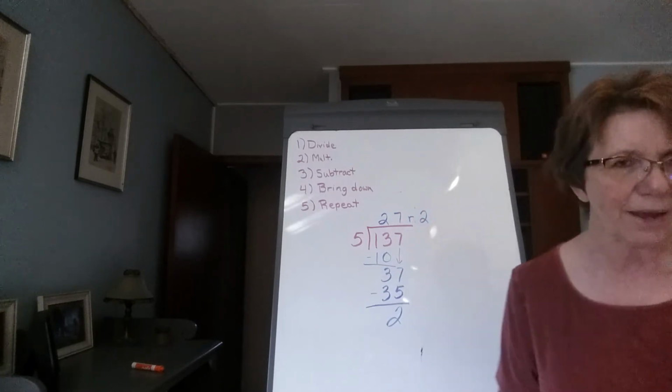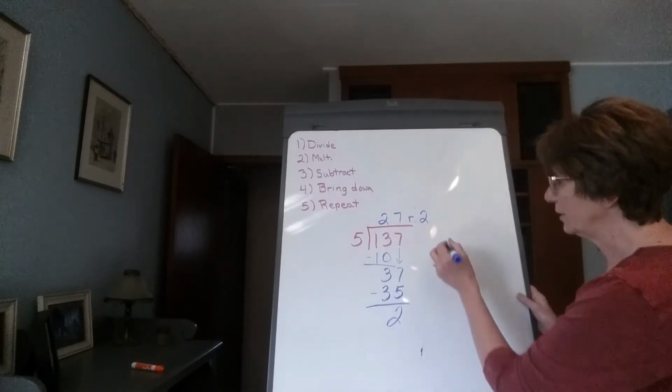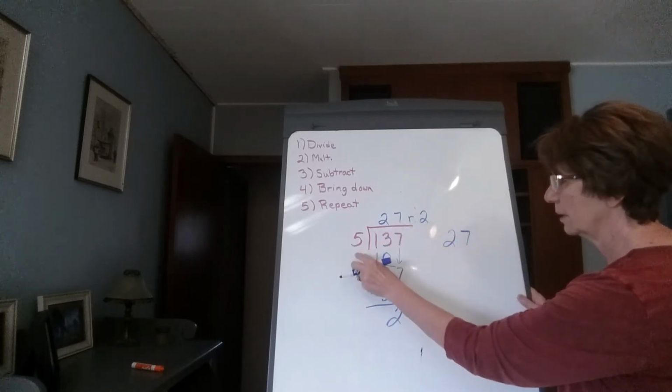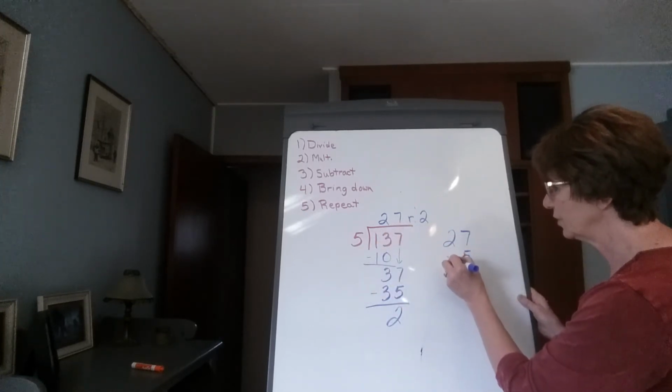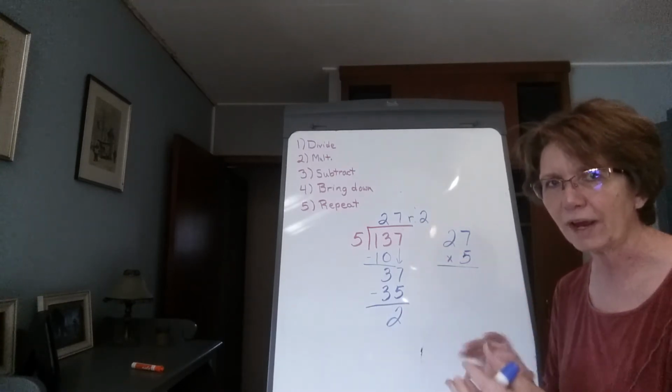Okay? Now, the cool thing about this is you can check yourself. All you need to do is take 27 times 5, because remember, multiplication and division are part of fact families. Okay, just like addition and subtraction.